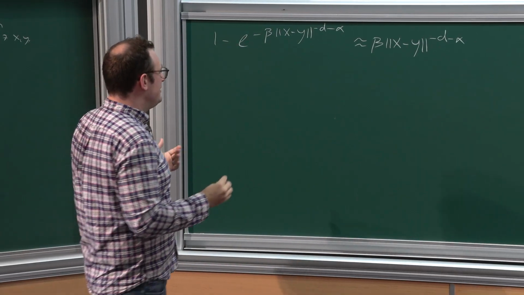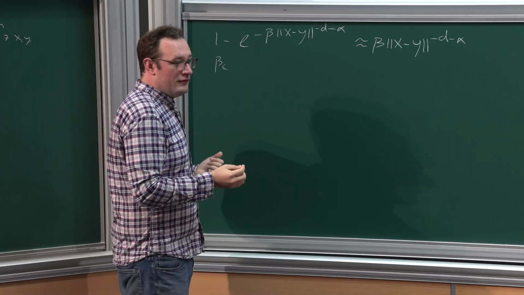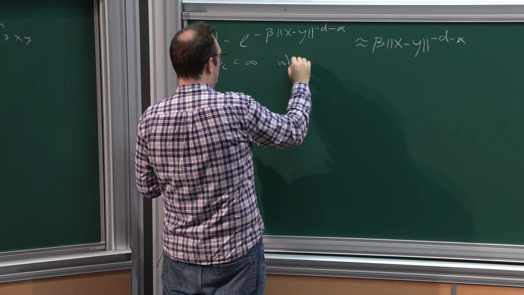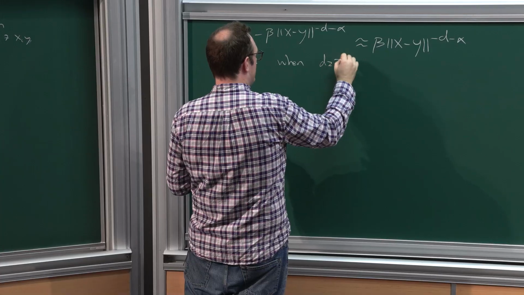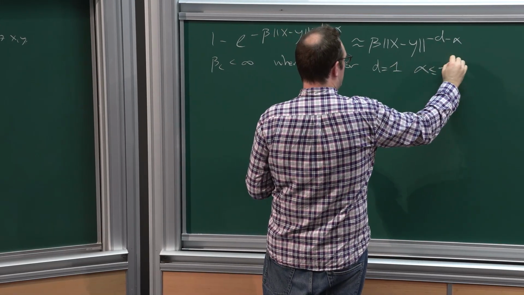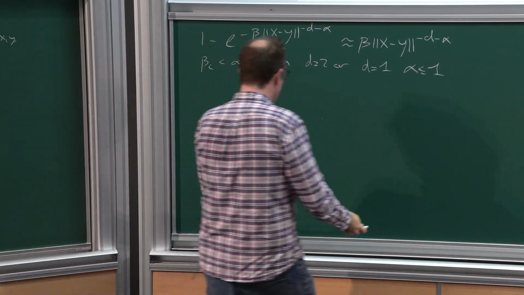Okay, and beta_c is the point of phase transition, which is less than infinity when d is at least 2 or d equals 1, alpha less than or equal to 1.